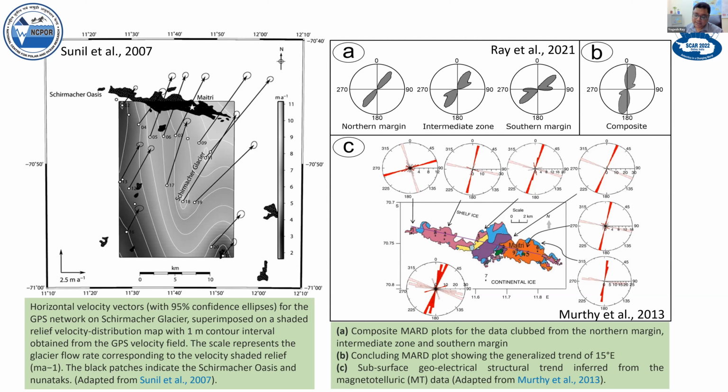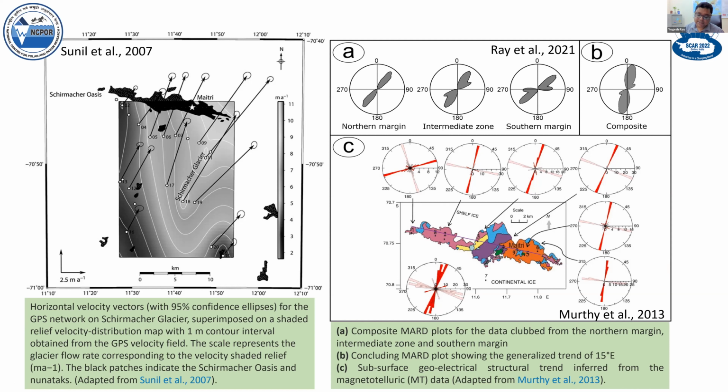The flow of the glacier is controlled by the ice surface slope and topography, as we all know. But on the other hand, the structural discontinuities in the bedrock dictate the formation of weaker planes and zones of disintegration. The resultant direction of paleo flow of glaciers in the Schirmacher Oasis is 15 degrees.